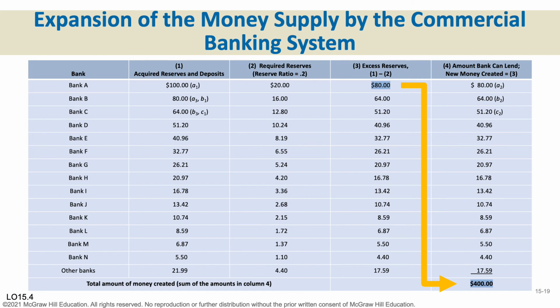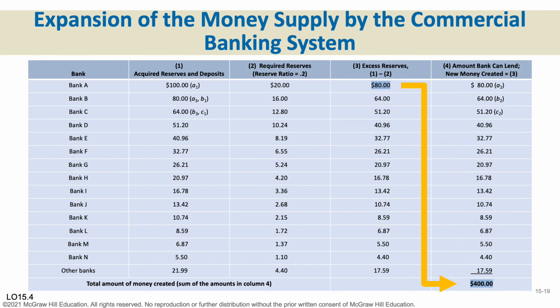And so they could make that loan, and they do, and it gets spent, and it gets deposited into the next bank. It just keeps going. And we're going to find out that initial deposit of $100 that had that initial excess reserves of 80 is going to grow to $400.